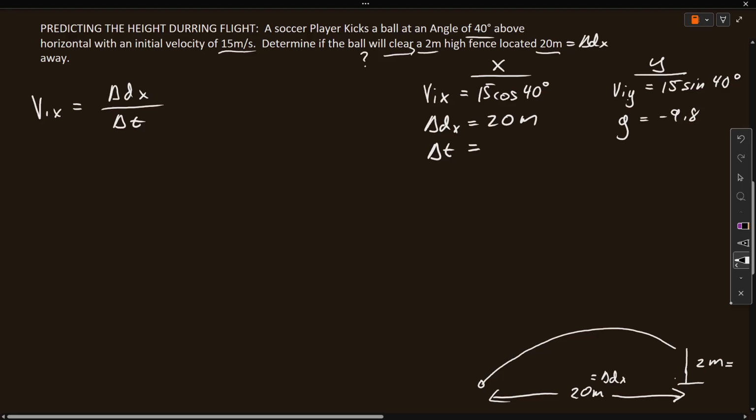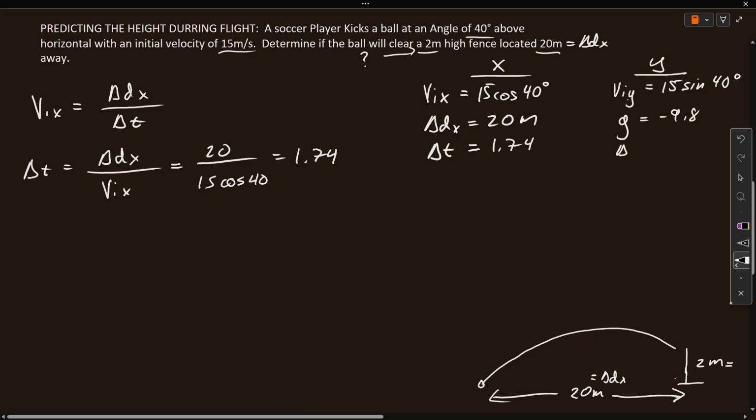And so if I solve for time, I'm going to get time is delta dx over Vix, which happens to be 20 over 15 cosine 40, which is about 1.74. Okay. Now that I have my time, 1.74 seconds, I'm going to go ahead and put it here.